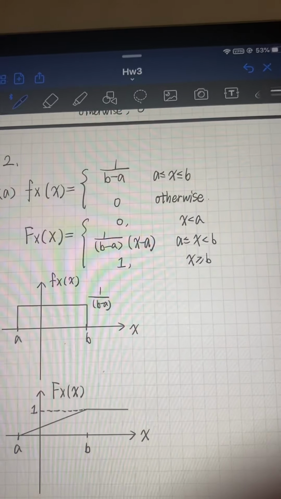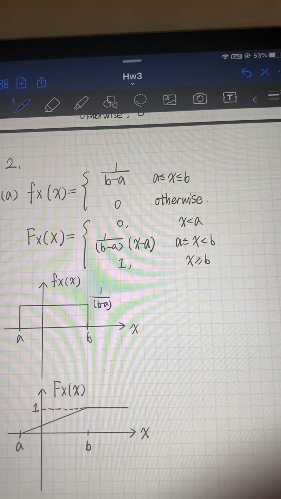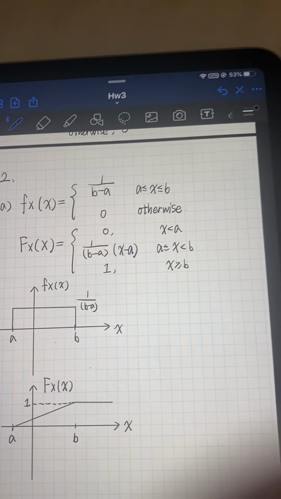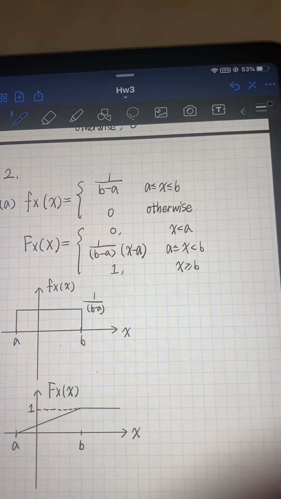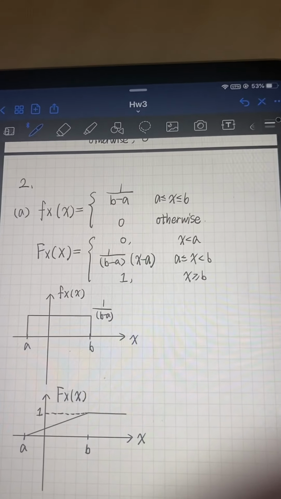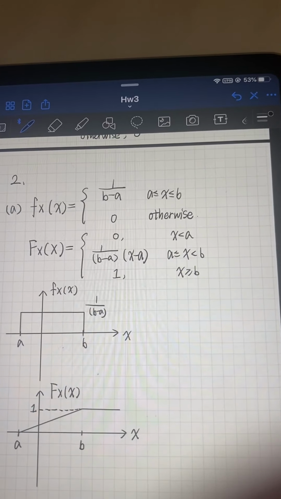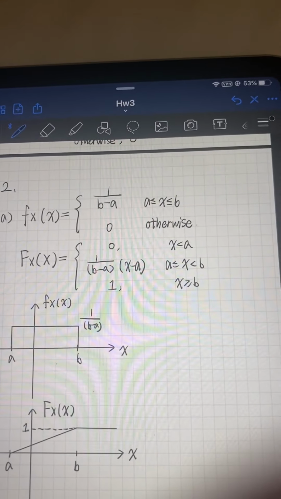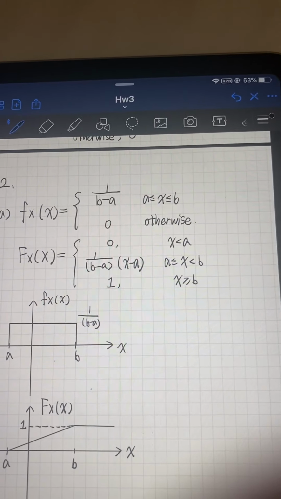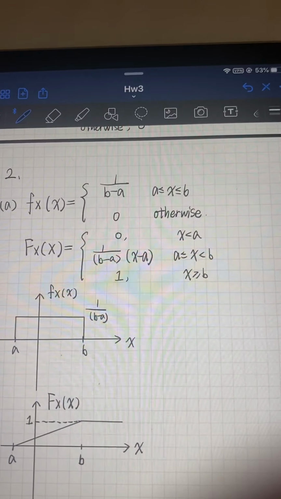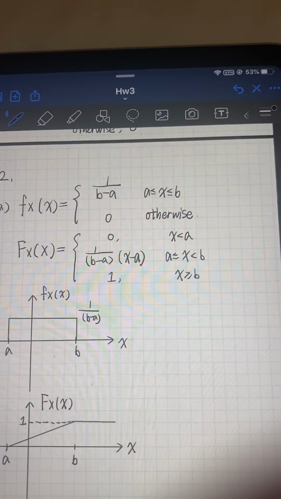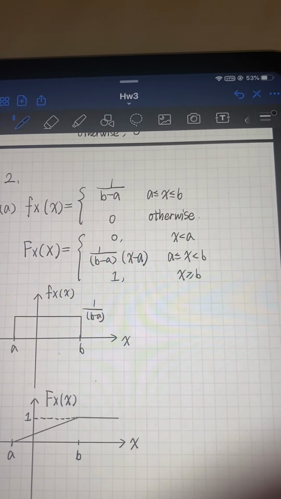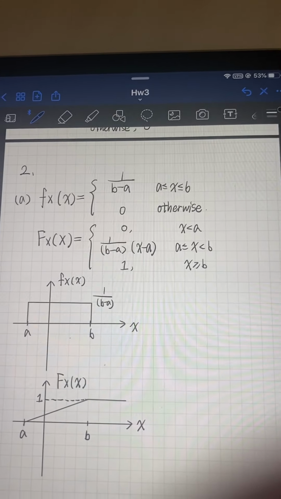And from the lower f_X, we can get the upper F_X itself. It's 0 when x is smaller than a, and when x is larger than b, the upper F_X equals 1, and otherwise it equals 1 divided by b minus a times x minus a.